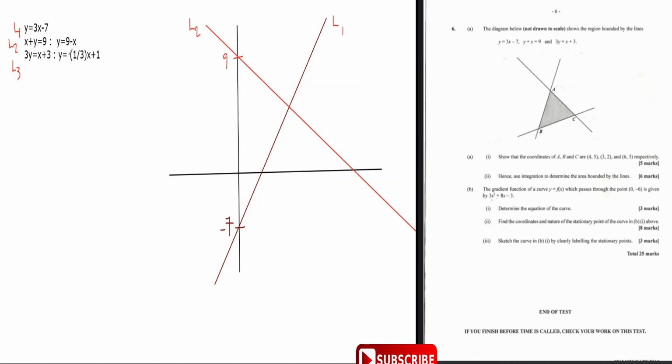L3, as you can see, is 1/3 x plus 1. So it cuts the y-axis at positive 1, with a gradient of 1 over 3.